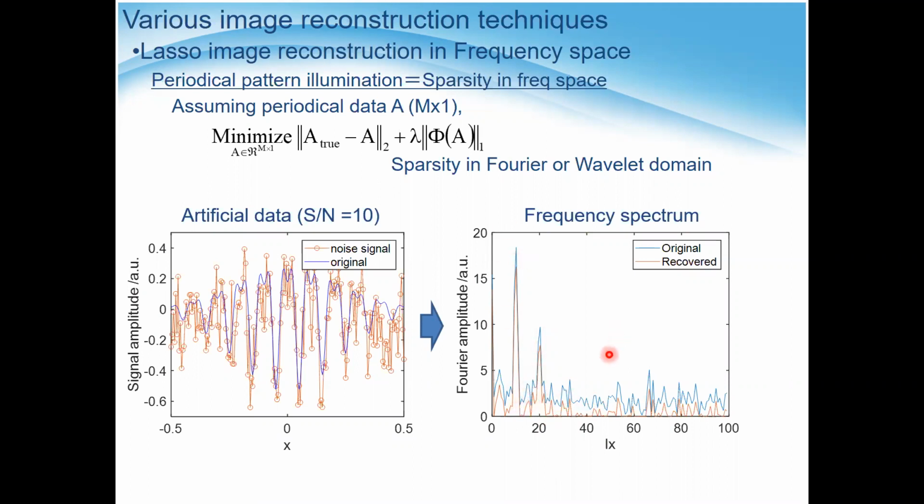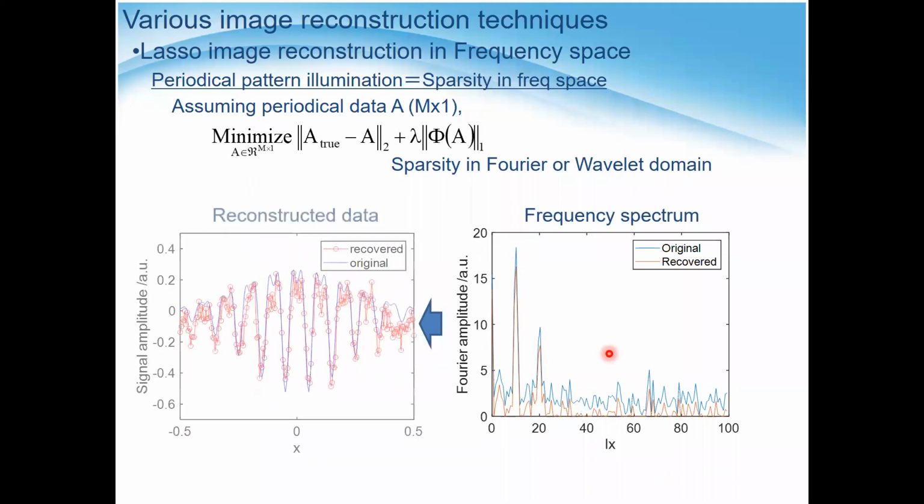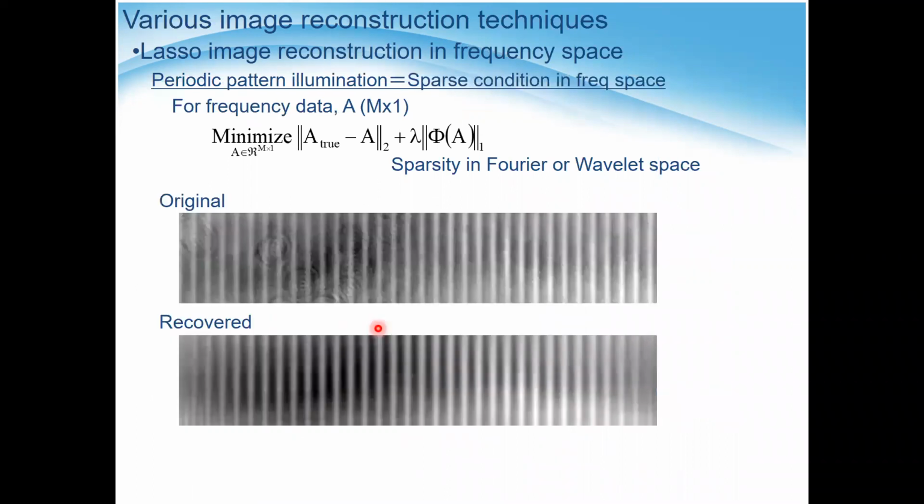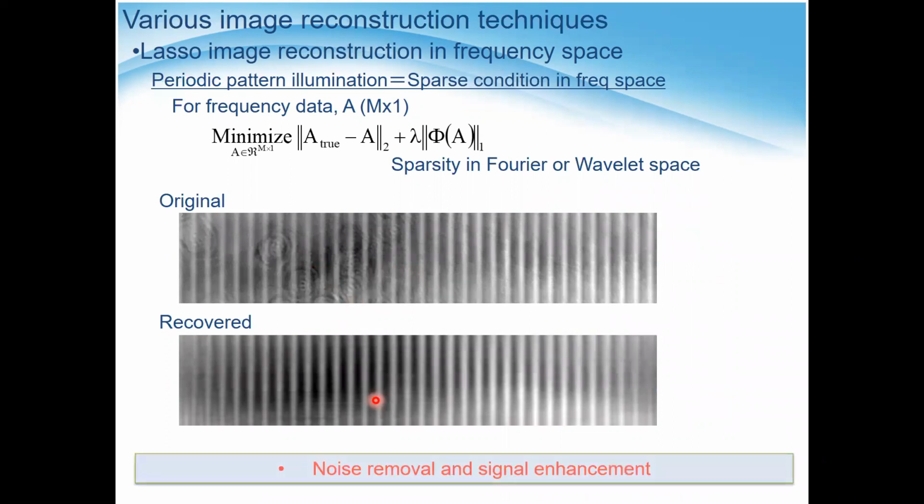After the recovery, you can see that the red one is recovered and quite similar to the original response. So by using this sparsity recovery method, the original image could be recovered and the signal enhanced. Noise removal and signal enhancement are possible.